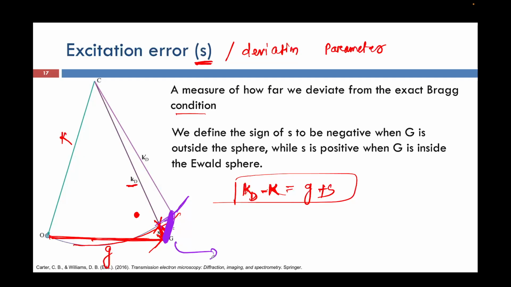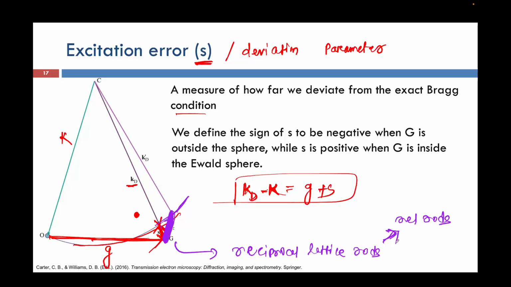Earlier we were considering reciprocal lattice points. Now we are considering reciprocal lattice rods, known as rel rods. Why did the rel rods come? Because of the deviation parameter that comes when we deviate from the exact Bragg angle.